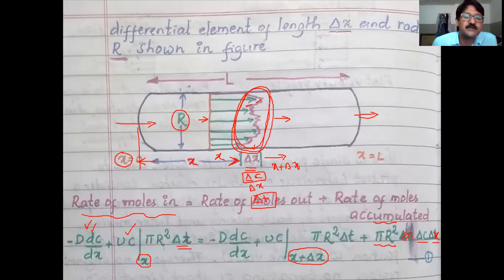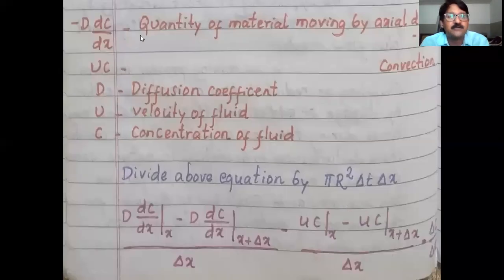I hope you understood this derivation. You write down: minus D dC by dx is the quantity of material moving by axial dispersion. This is the dispersion equation. UC is the quantity of material moving by convection, called convective flow.